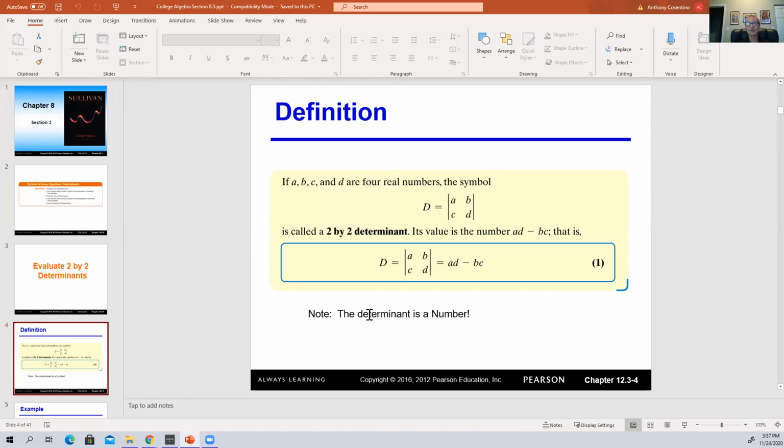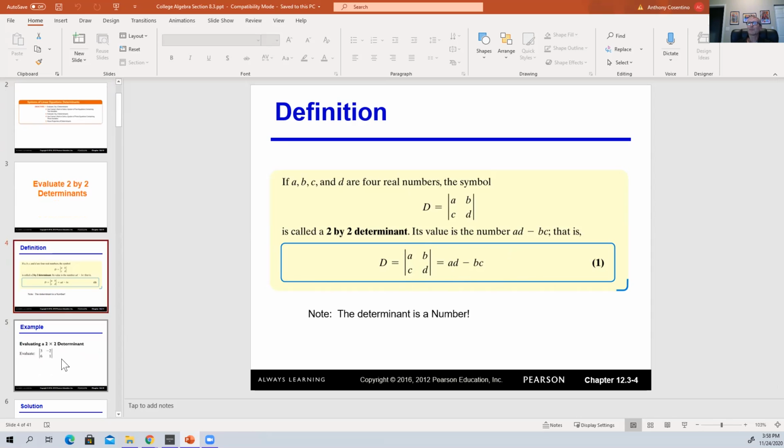A determinant is always a single number, which is also really nice. Here's the definition: if you take a 2x2 matrix and calculate the determinant, you multiply the diagonal, A times D, and then you multiply the up diagonal, C and B, and you subtract those two numbers.